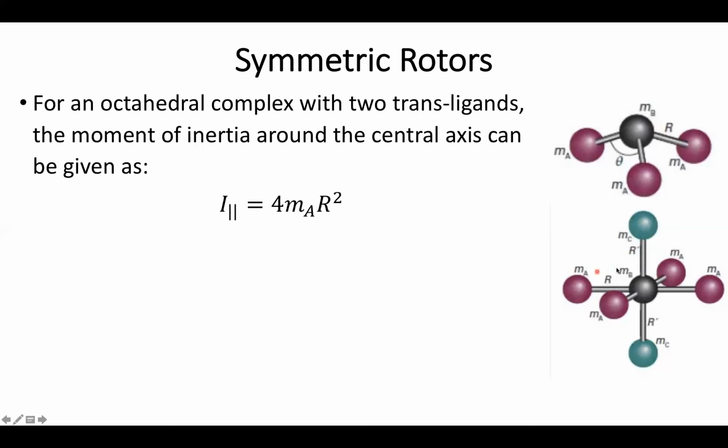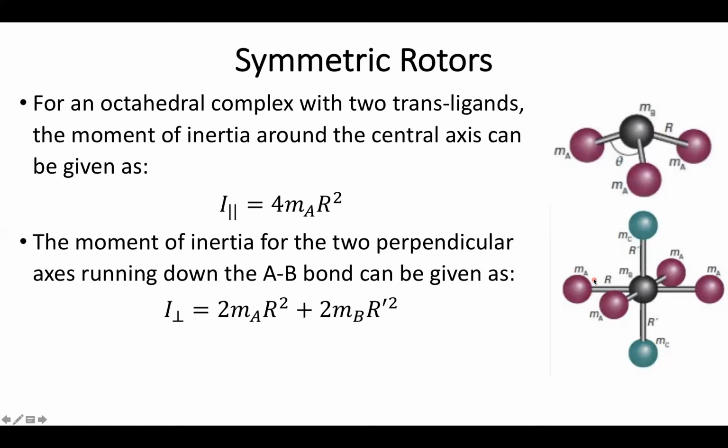So again, we're going to have the same moment of inertia we did with the spherical system. However, we do have these different perpendicular axes running down our AB bond. So at this point, what we now have is 2 atoms of A, and sorry, this should be mass of C, and 2 atoms of C sitting out here on the ends.